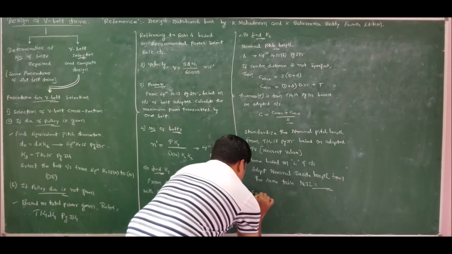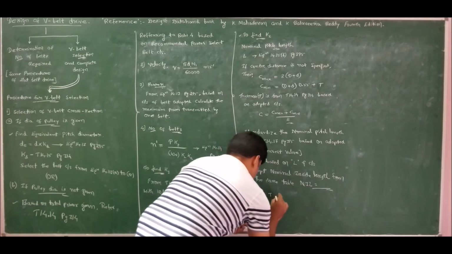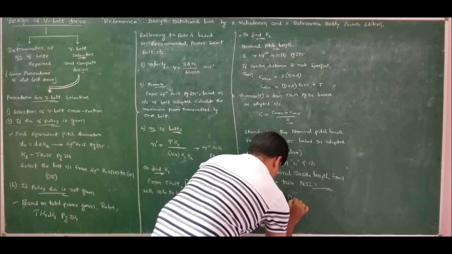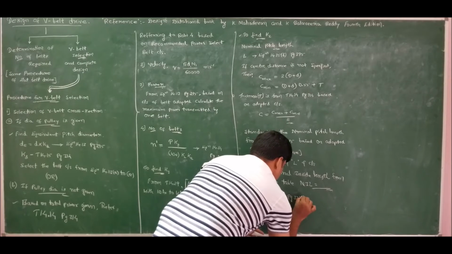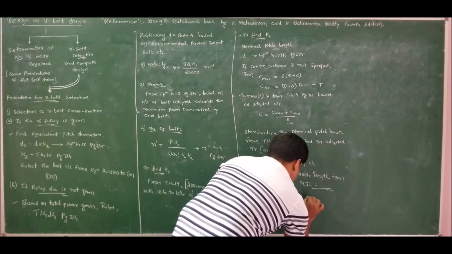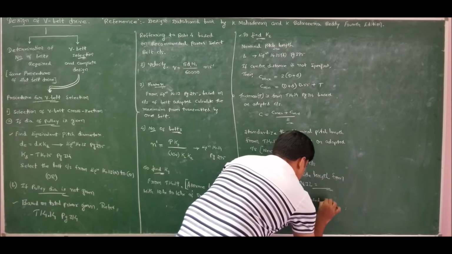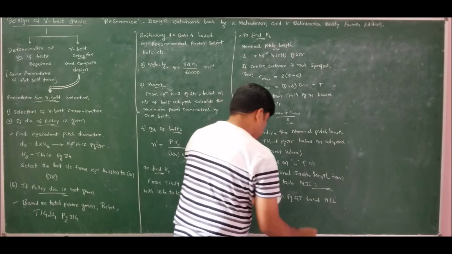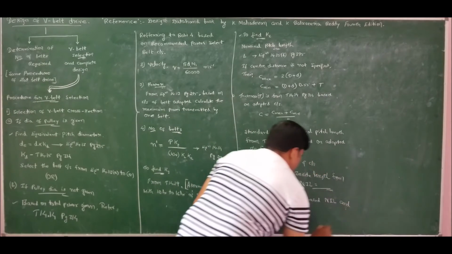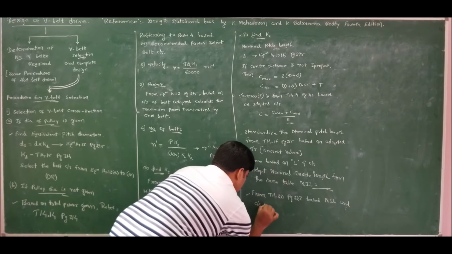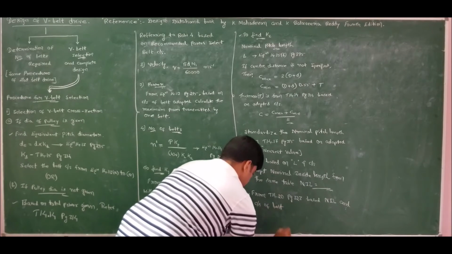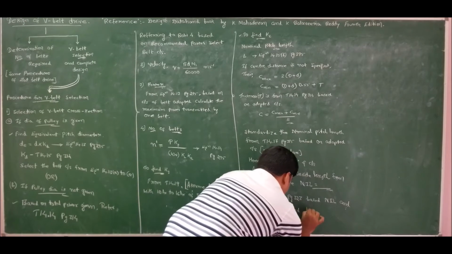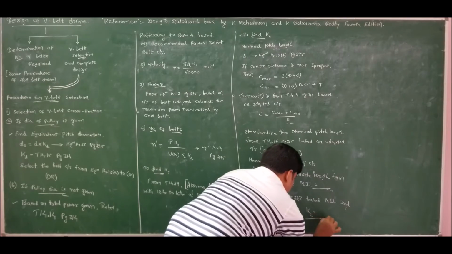Now from table 14.20, referring to page 323, based on nominal inside length and cross section of belt, you can find correction factor based on length.